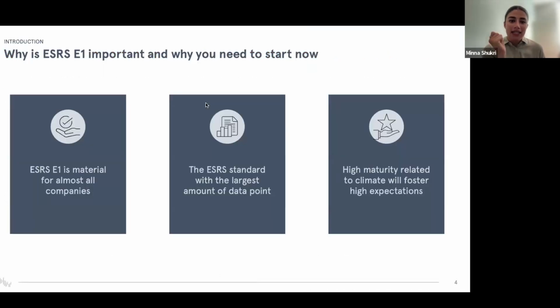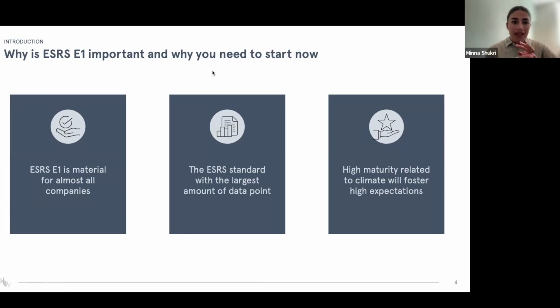On a starting note, let's just set the intention of today. So why is ESRS important and why do you need to start now? Well, first of all, ESRS E1 is a standard that is material for almost all companies that we've seen so far. Secondly, the ESRS E1 is the largest standard in terms of disclosure requirements, and further also the standard that entails most of the quantitative data points.